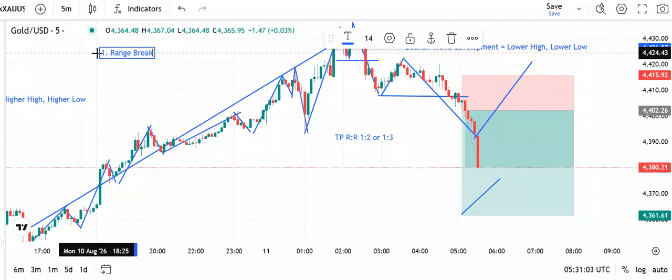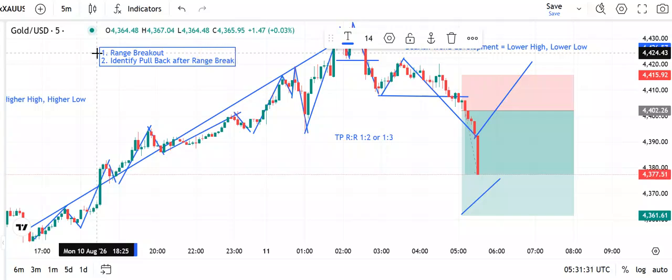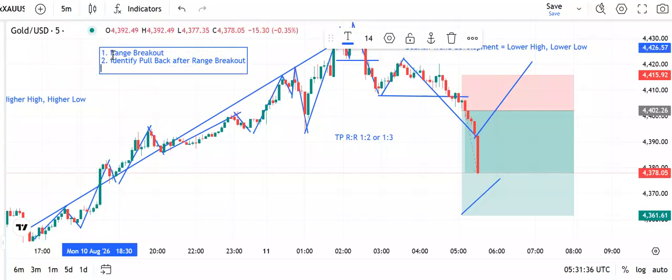Number 2, then try pullback after range breakout. And number 3, allow break of structure.